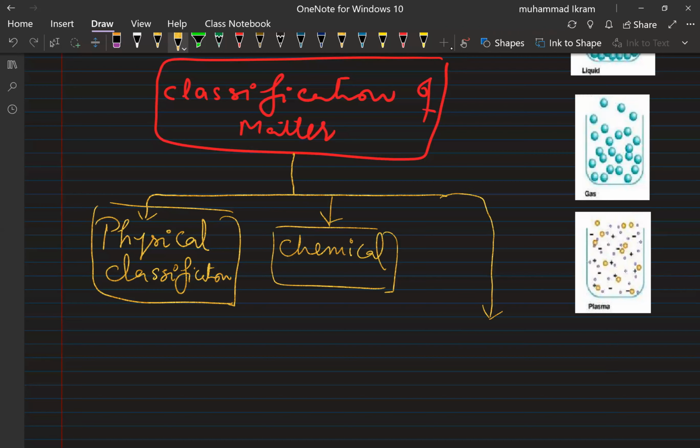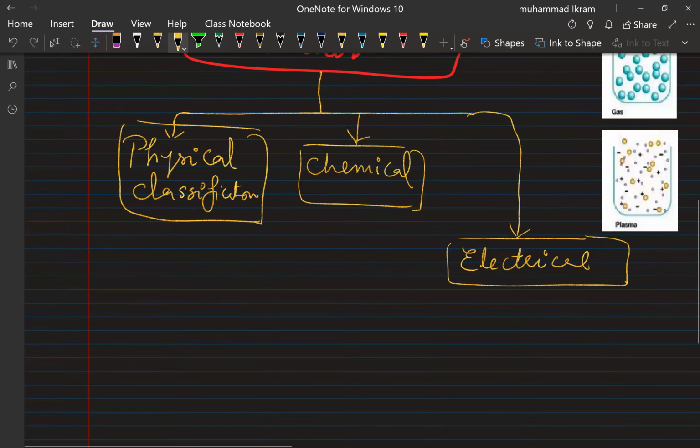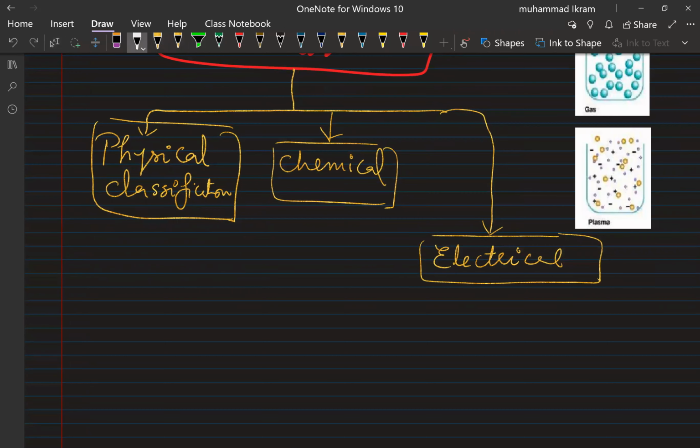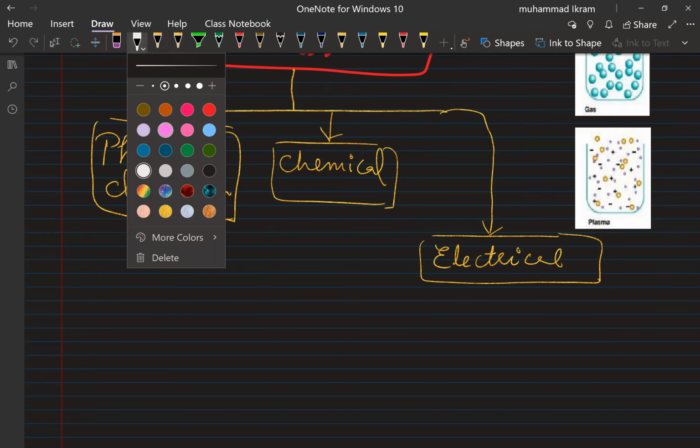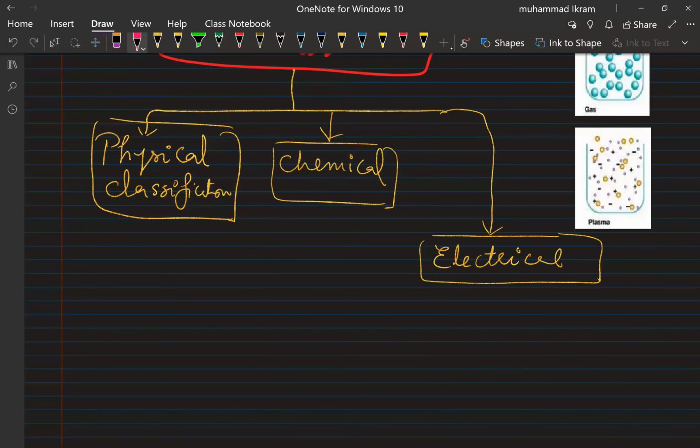And the third important one is the electrical classification of the matter, right? That is the first classification of the matter, the physical classification. So what is there in the physical classification?